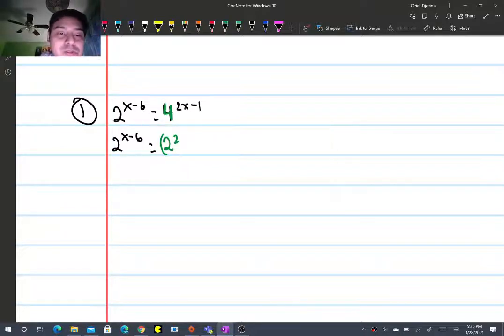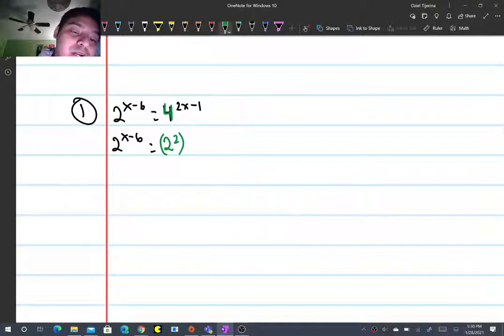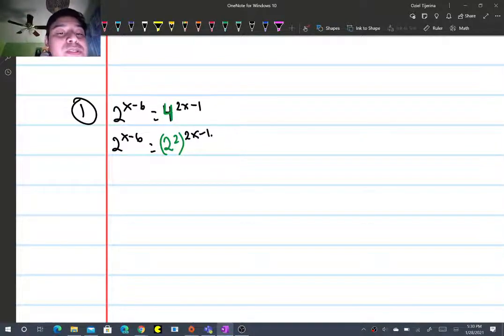And then you're gonna put what you had on the outside, which was 2x minus 1. Notice that this is 2 squared, this is what we changed 4 as, right? And what you're gonna do next, you're going to separate your 2 out of the base.